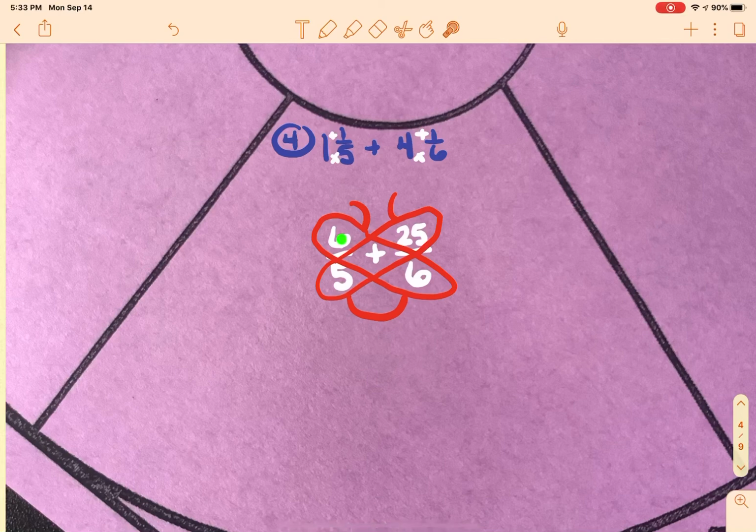So in this way, 6 times 6, it's going to be 36. 5 times 25 is 125. We're going to put this part together for the top of the fraction.